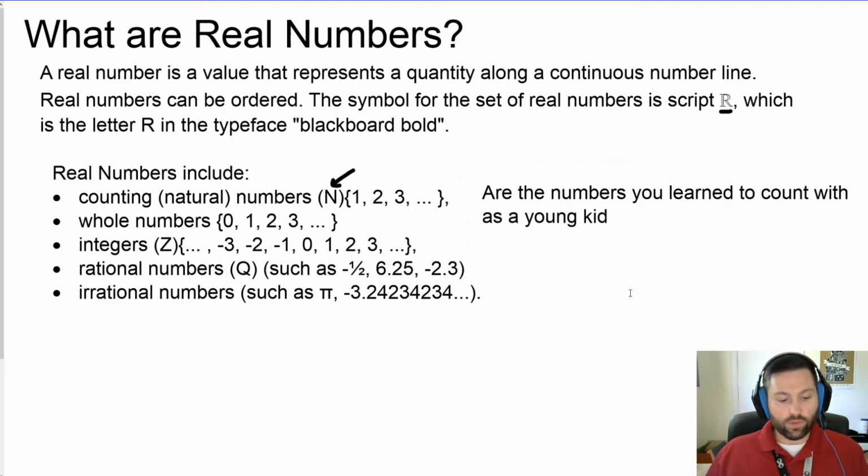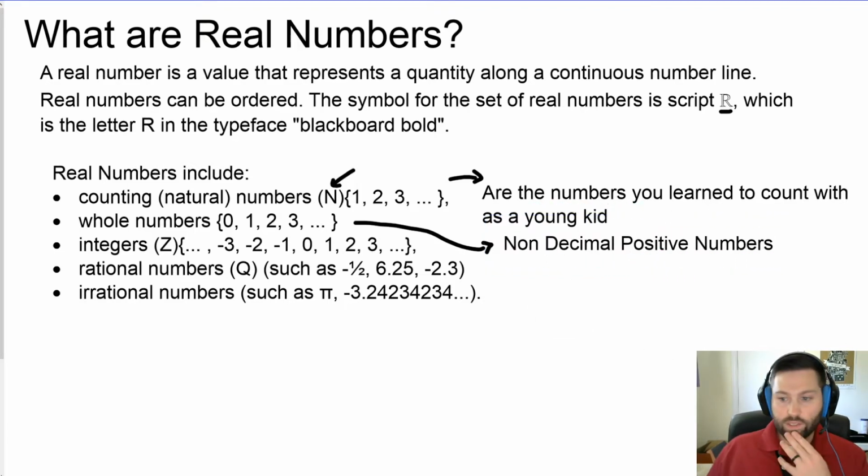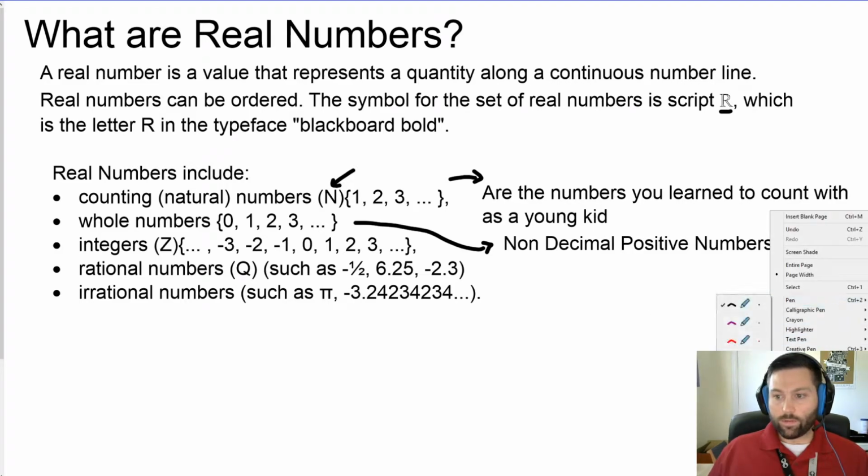Whole numbers are non-decimal positive numbers. Integers are the same thing but a little bit less restrictive.